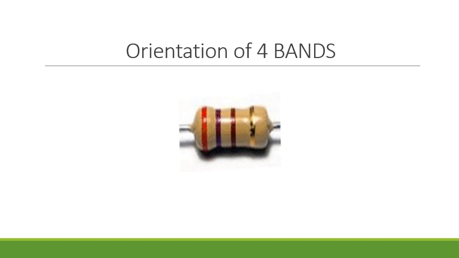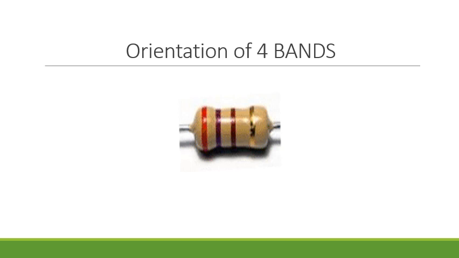Hope you understand that. Okay, so now you can see gold and brown. So brown has more space from gold than red has from violet. Hope you get that.